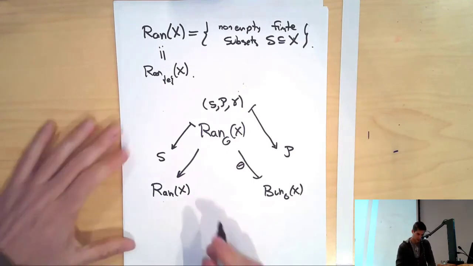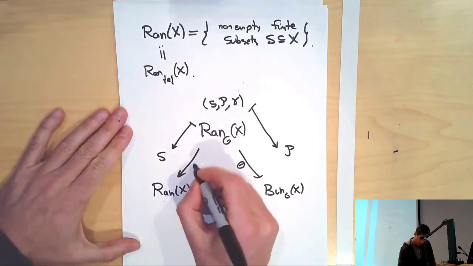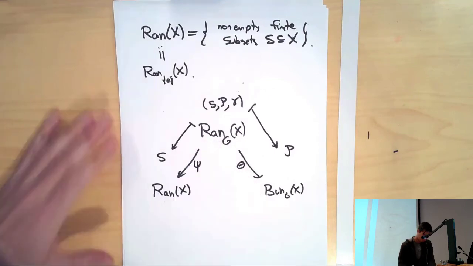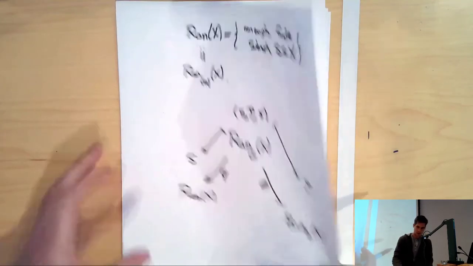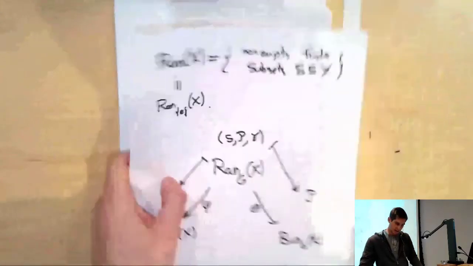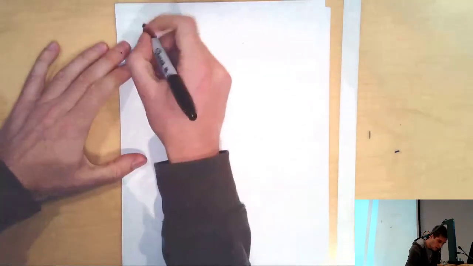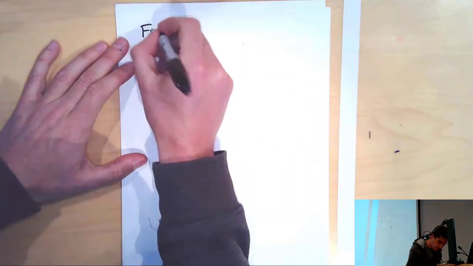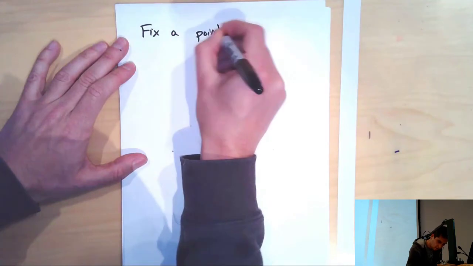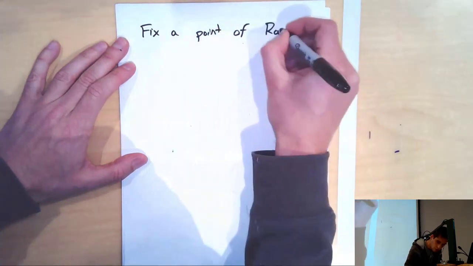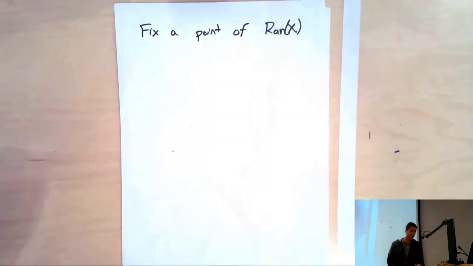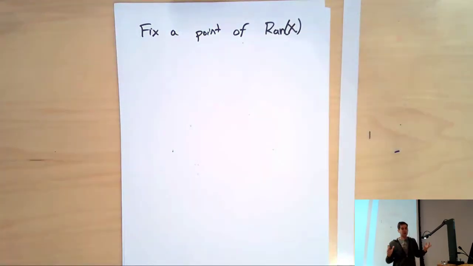So let me talk about this second map. Let me call it psi. Now let me talk a little bit about what the fibers of psi look like. So fix a point, meaning a k-valued point, of Ran X. So a k-valued point of Ran X is a finite subset of my algebraic curve.